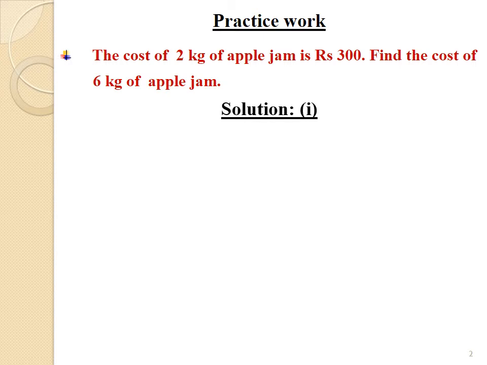Students, in order to find out the cost price of 6 kilogram of apple jam, let's write down the statement. As we know that when we write the statement, it becomes clear what we have to do. Either we have to multiply or we have to divide.